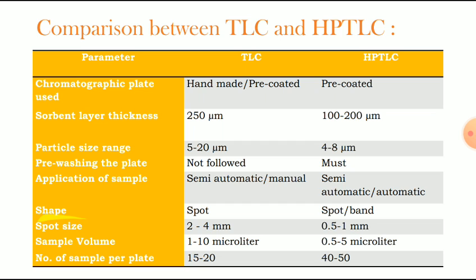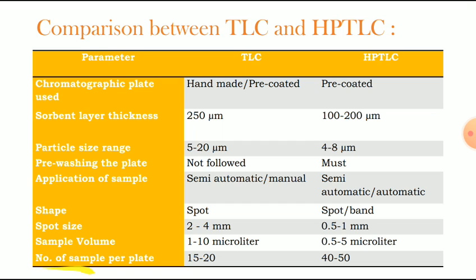Then spot size parameter: spot size should be 2 to 4 mm in TLC, but in HPTLC only 0.5 to 1 mm. Sample volume parameter: that is 1 to 10 microliter in TLC, but in HPTLC 0.5 to 5 microliter. See, this is a very small volume of sample in HPTLC.